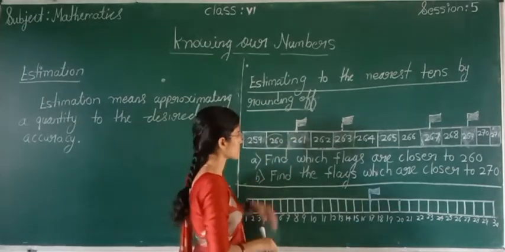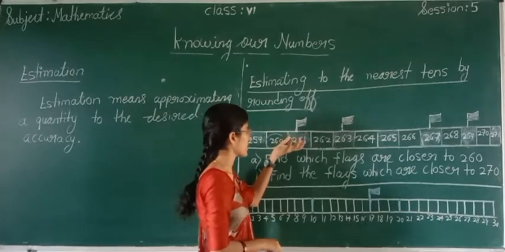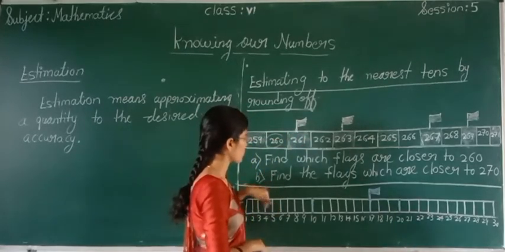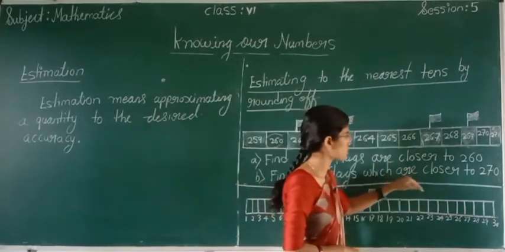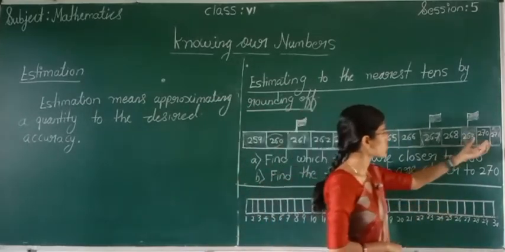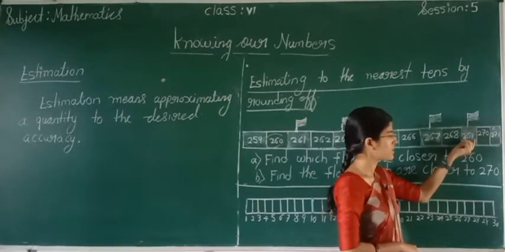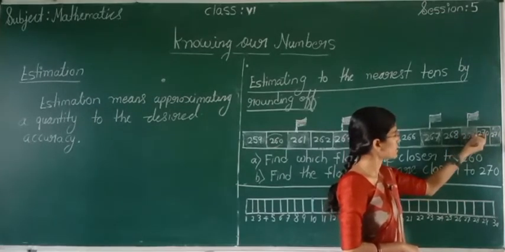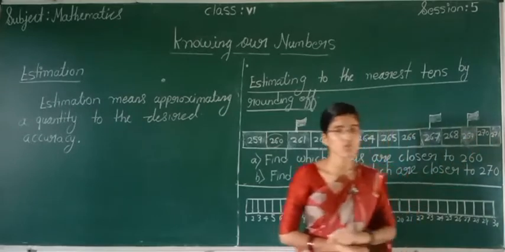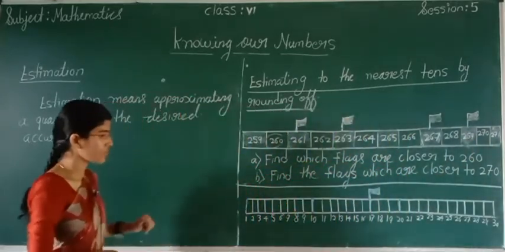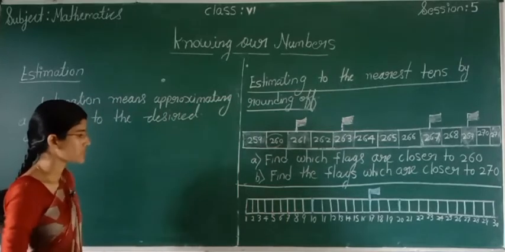Yes or no? 261 flag is closer to 260. Now, if I ask you one more question, find the flags which are closer to 270. For 270, which flags are closer? 269, right? First flag which is nearer to 270 is 269.